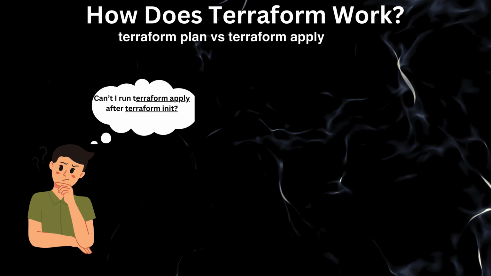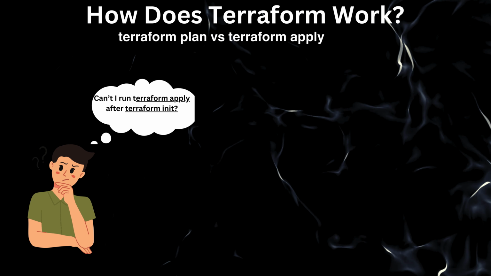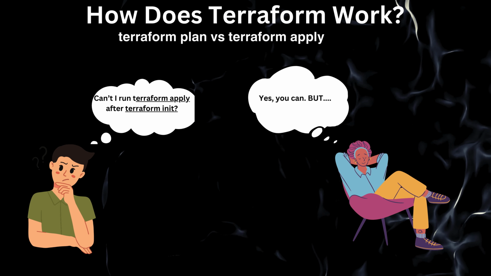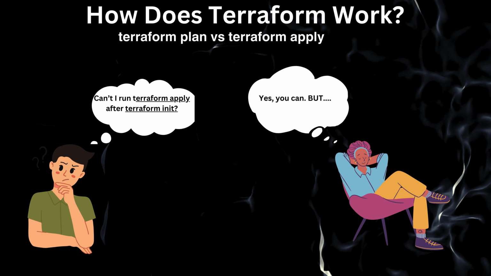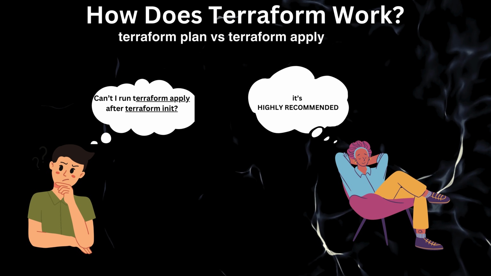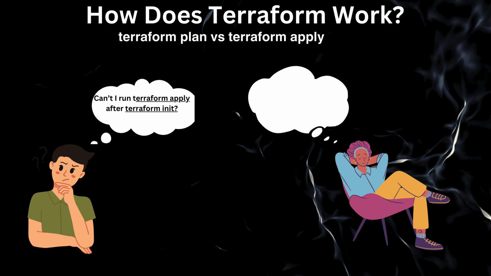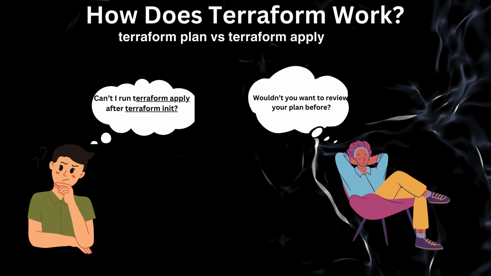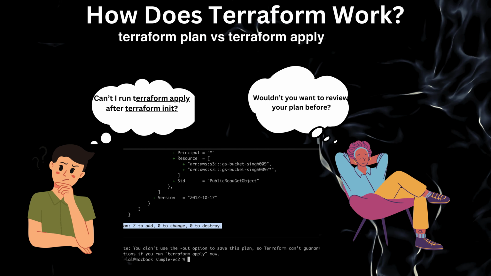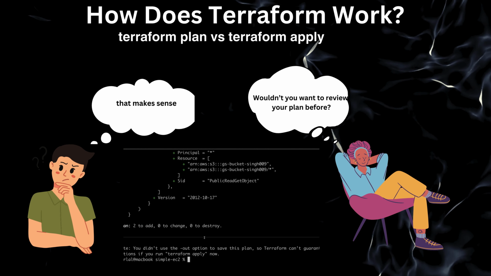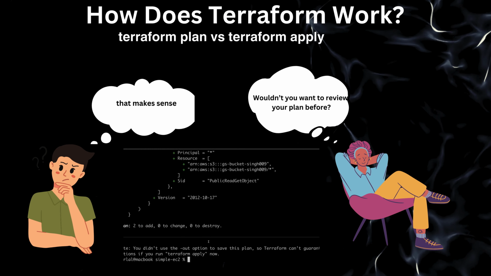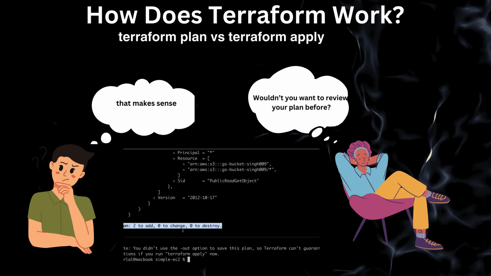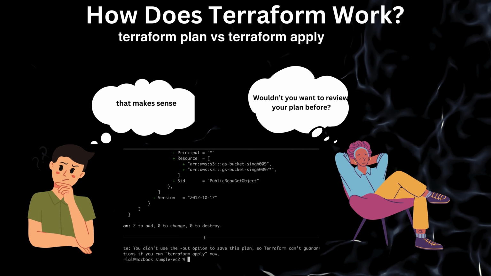I just want to point out one thing, that you don't have to run terraform plan for terraform apply to work. It's just a recommended step for you to do. You don't want to create the resources before knowing what is going to be created. Terraform plan just allows you to get the understanding of what is going to be created, whereas Terraform apply will just create the resources and you'll know later on what has been created and what has been deleted.